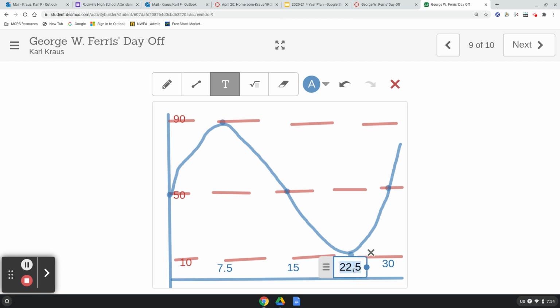These would be seconds down here. And this would be height over here.